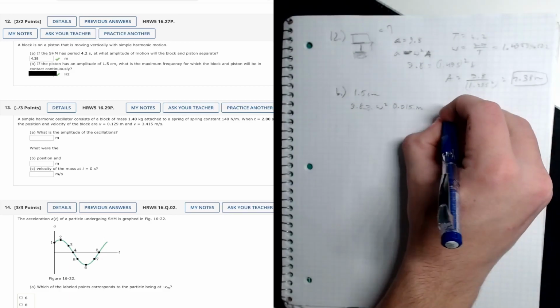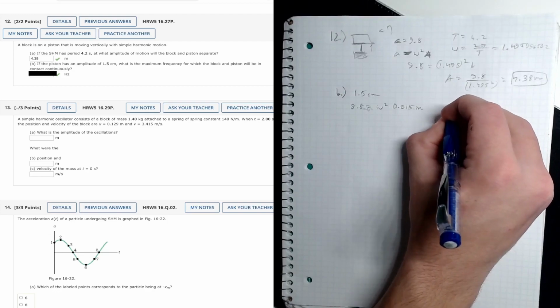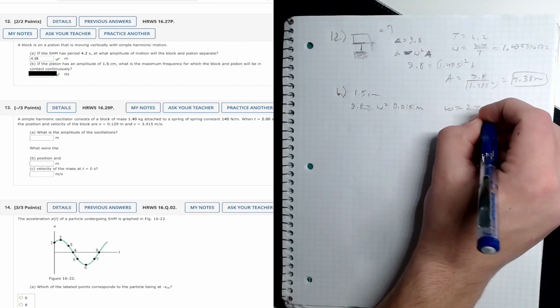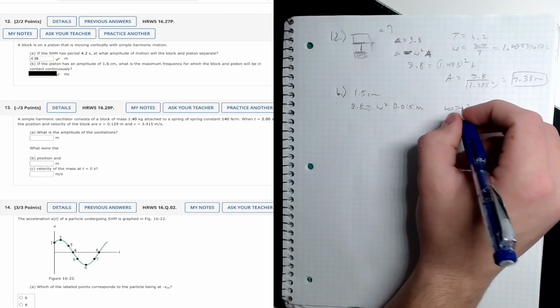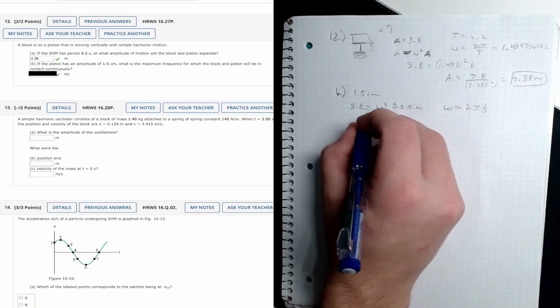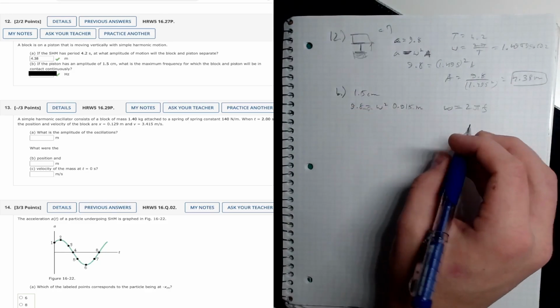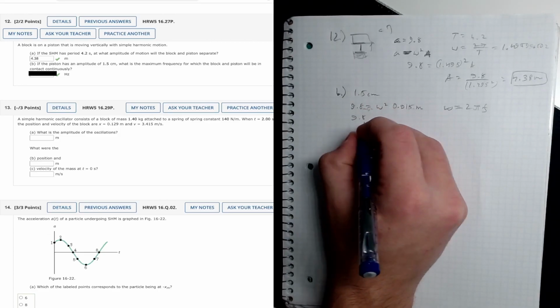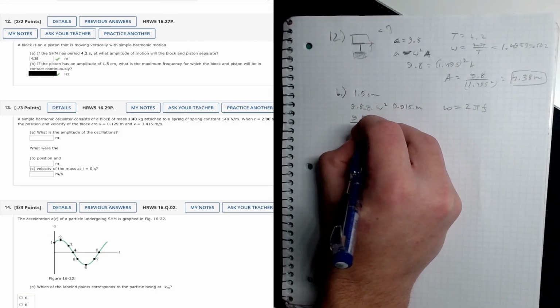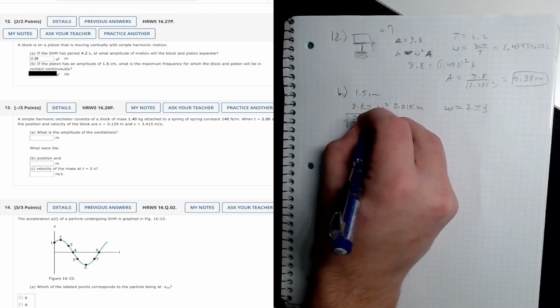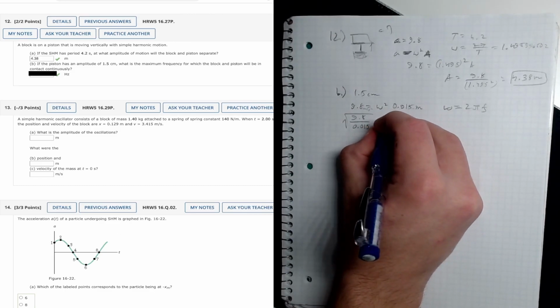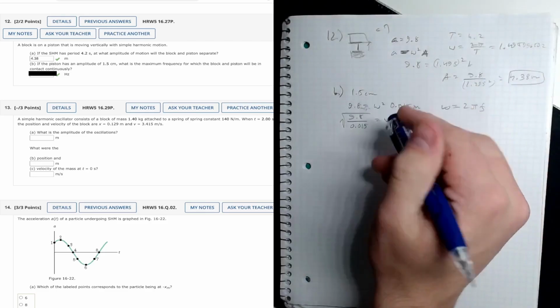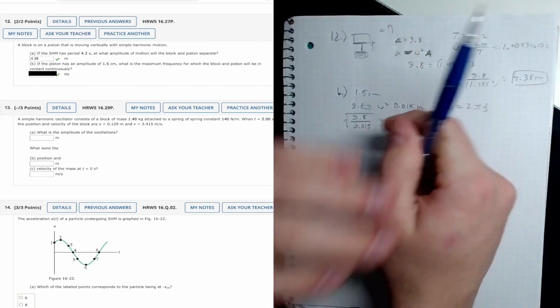We know w equals 2 pi f, because it's talking about frequency, so we're going to use that. Maximum frequency is going to be at this point where the acceleration is 9.8, so 9.8 over 0.015, square rooted, is going to be w. w is this, so that's going to be 2 pi f.